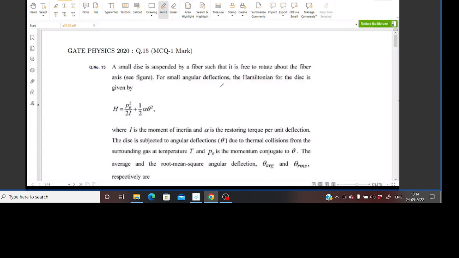For small angular deflections, the Hamiltonian for the disk is given by H equal to p theta square by 2I plus half alpha theta square, where I is the moment of inertia and alpha is the restoring torque per unit deflection.